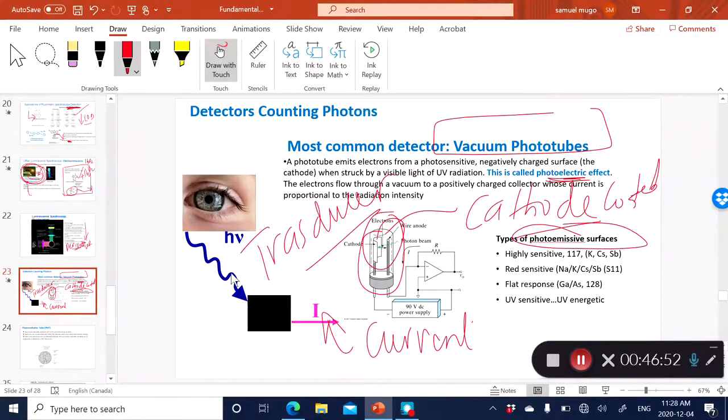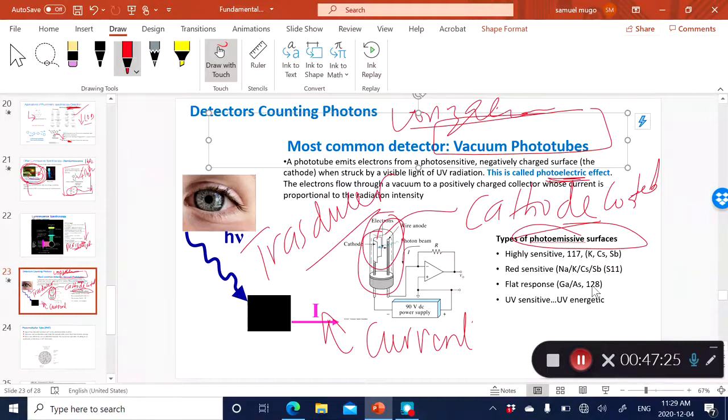When light hits that coating, the valence electrons in the outermost level get ionized, and you're detecting those electrons. So a photon hits a photoemissive surface to give off electrons. You can see it's ionization that is taking place.